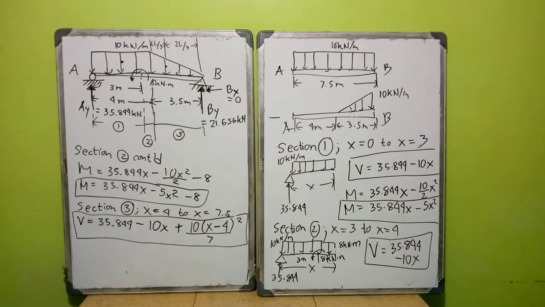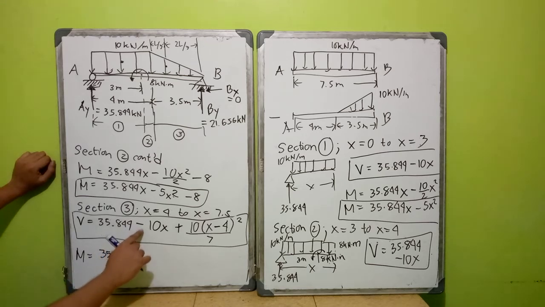And then we have finally the moment. So moment is equivalent to 35.844 x minus, so the other way around, in order that you will not get difficulties, is just to integrate your shear.